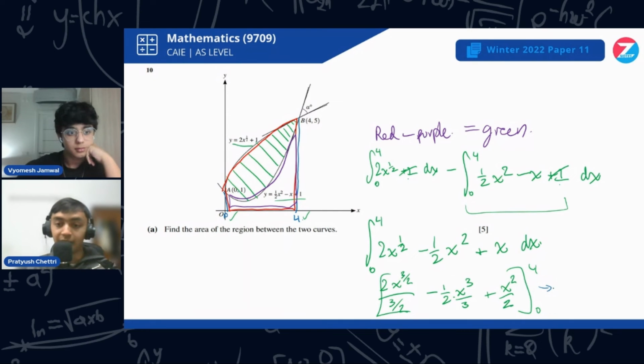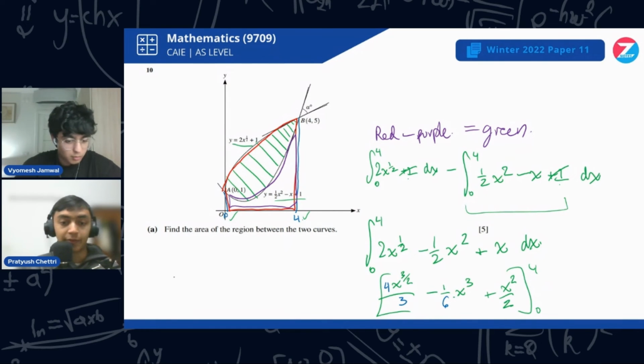Or you don't even have to simplify it. You could put it in your calculator just like that. I'm going to put 2 times 3 there. I'm going to put 1 by 6. 2 over 3 over 2 is 4 by 3. Yeah. So now I've simplified it.